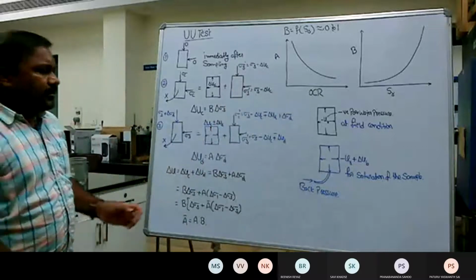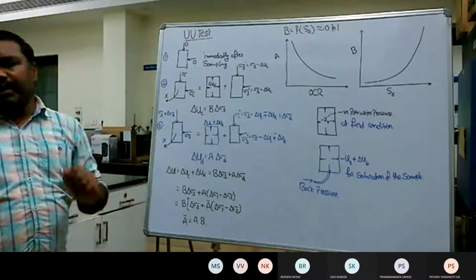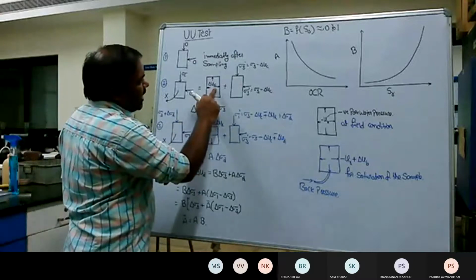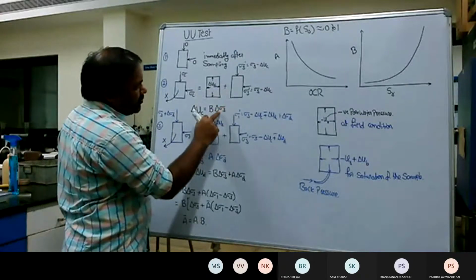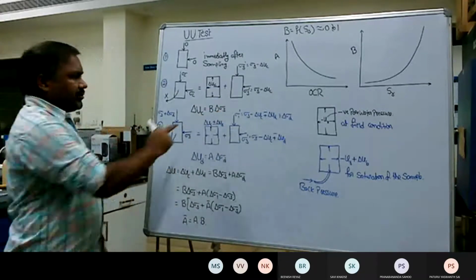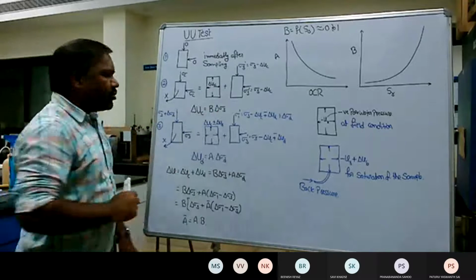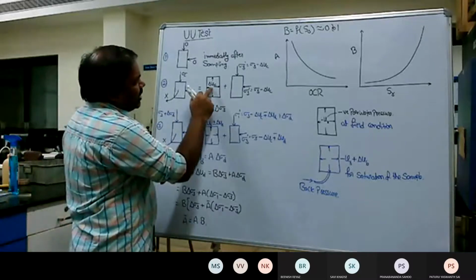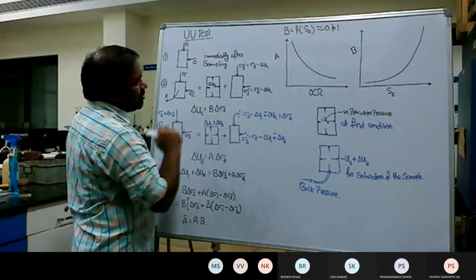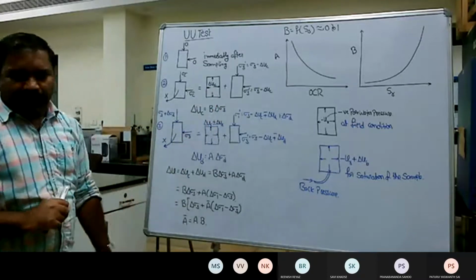But one important thing that you need to understand is the development of the pore water pressure has happened because of the application of the delta sigma 3, that is the cell pressure. So therefore, we can correlate the development of the pore water pressure directly as a function of the delta sigma 3.